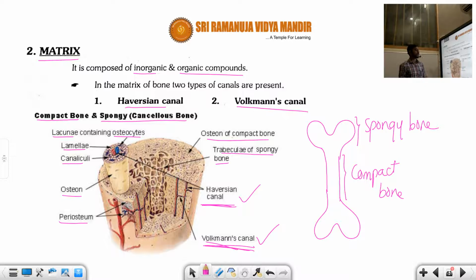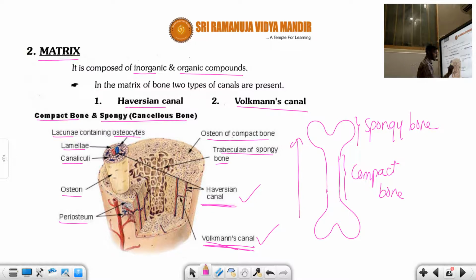Now you can see, students, Haversian canal means what? The bone is arranged in a longitudinal fashion. There is a specialized canal made up of blood vessels, nerve cells and some sensory cells, that is the Haversian canal. This Haversian canal is arranged parallel to the bone structure.